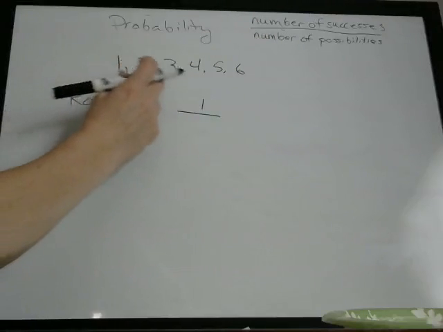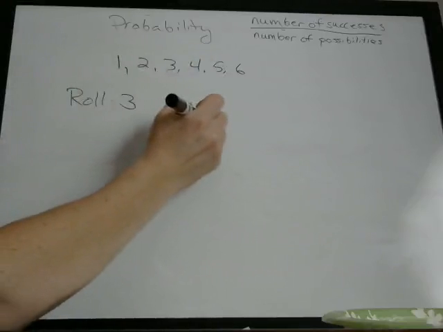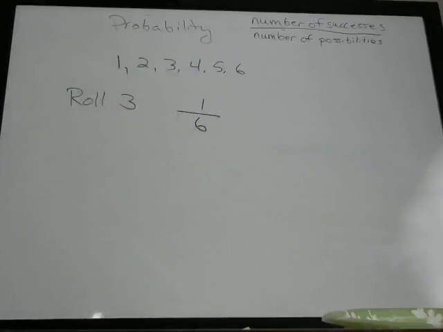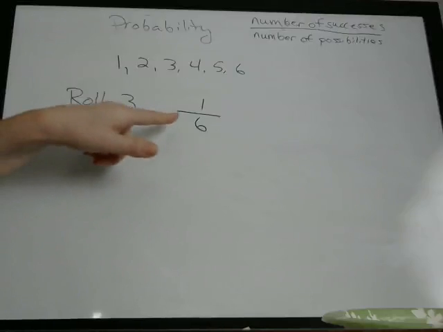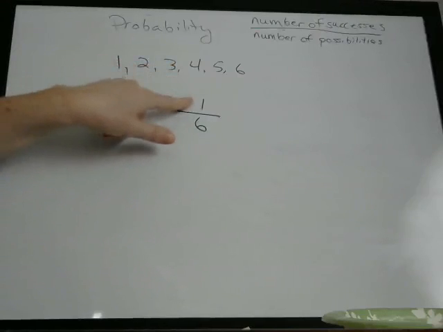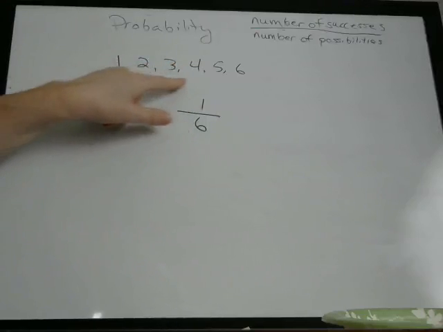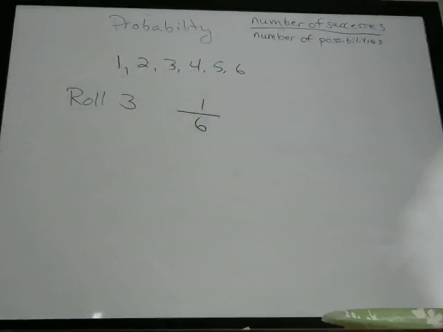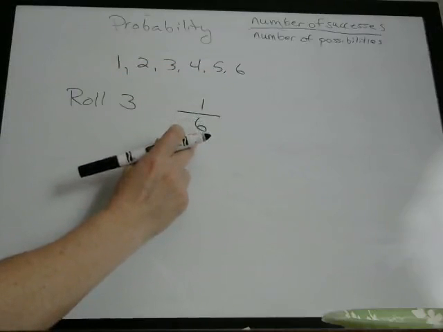Well, we can get a 1, 2, 3, 4, 5, or 6. So there's 6 possibilities for what we could get when we roll the dice. So our probability of rolling a 3 is 1 over 6. That's the answer to that question, because there's only one 3 on it, so the number of successes is only 1, but there's 6 different possibilities that we could get when we roll that. So this is likely the answer that you will see.